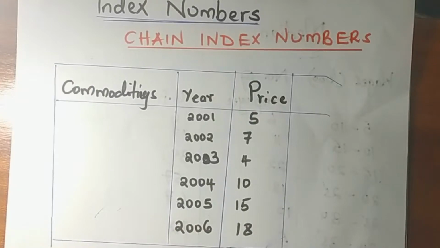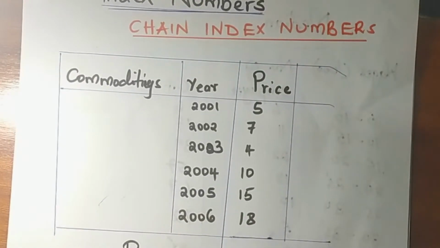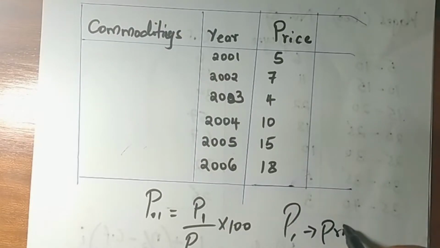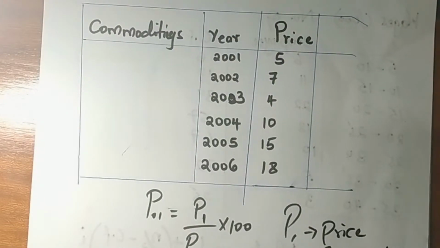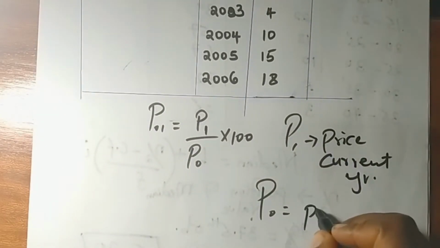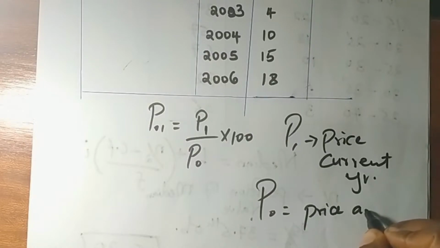Therefore, the price index using the chain-based method is given by P1 over P0 times 100, where P1 is the price at the current year, and P0 is the price at the base period.